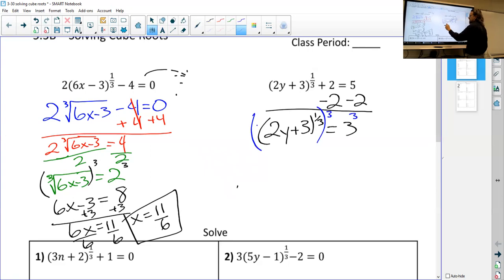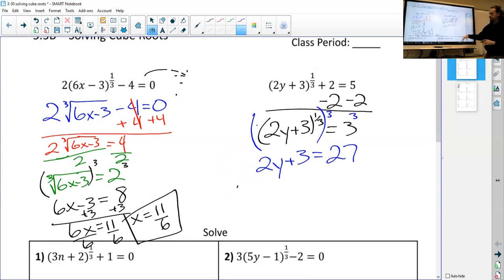The result on the left-hand side is just what was in the parentheses, 2y plus 3. On the other side, 3 to the 3rd power, 3 times 3 is 9, 9 times 3 is 27. And once we get here, this is baby work now, right?